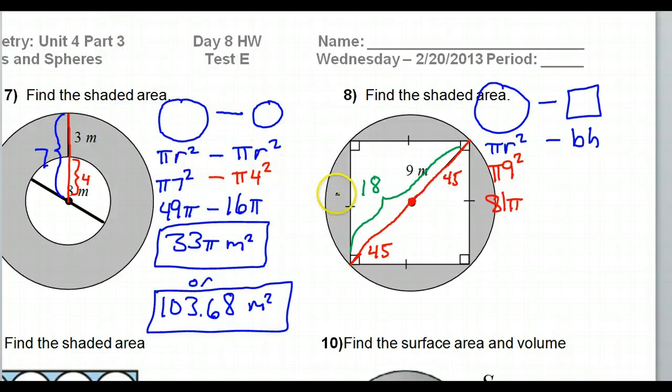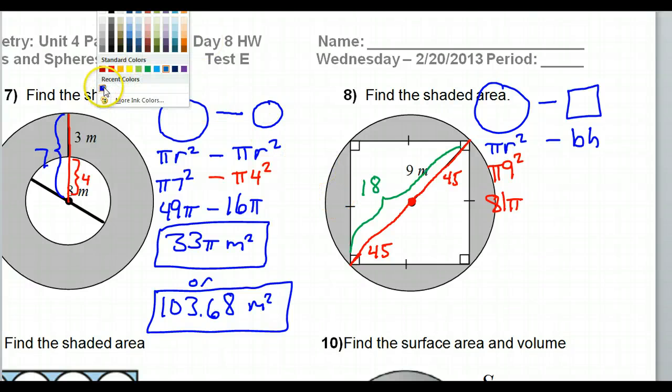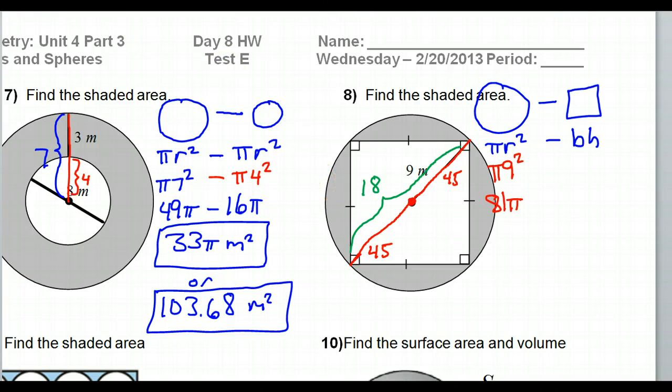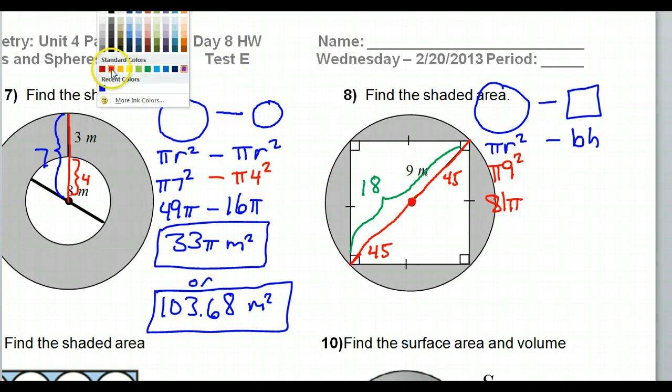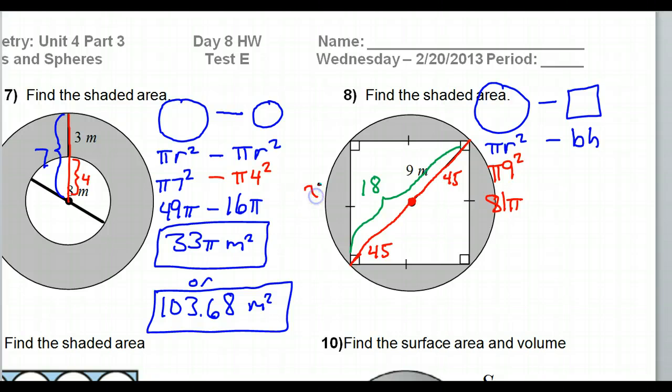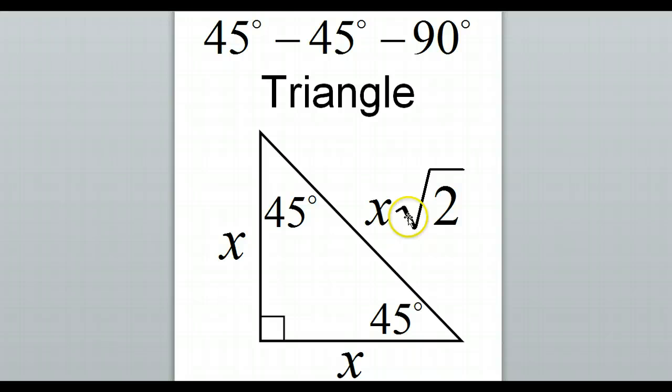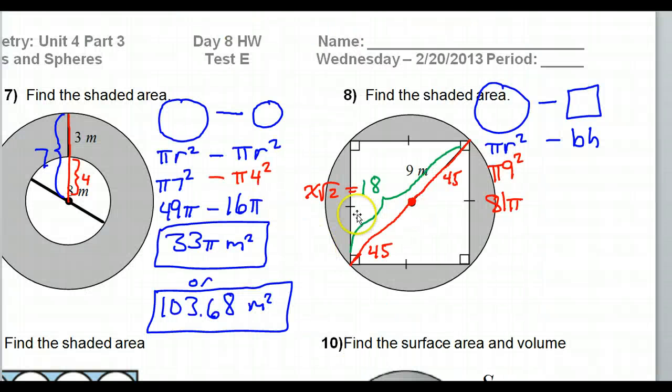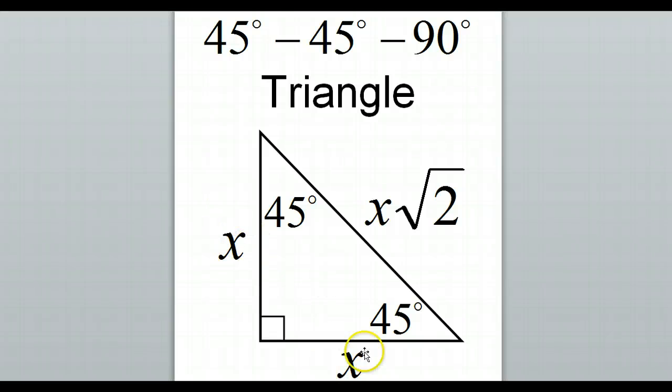So what I'm going to do is make a little equation out of it. I'm going to go red. Okay, x radical 2 must equal that 18, because the x radical 2 is the hypotenuse and the 18 is the hypotenuse. So they must equal each other. Remember that this x, when I find it, x represents the sides of the triangle, the legs.